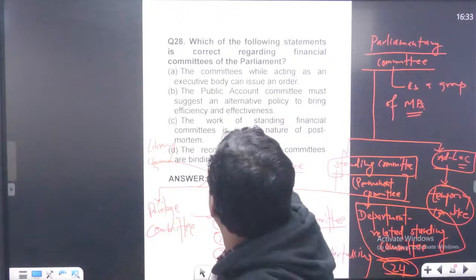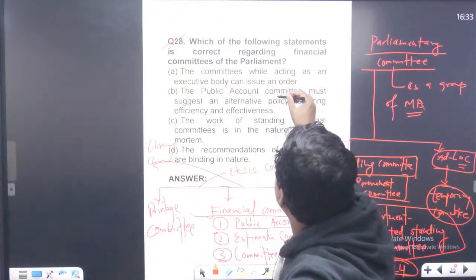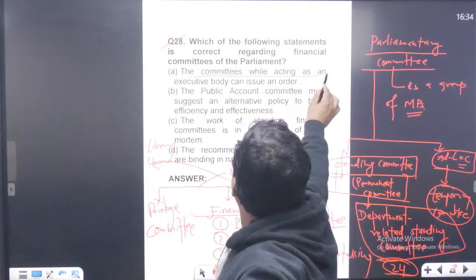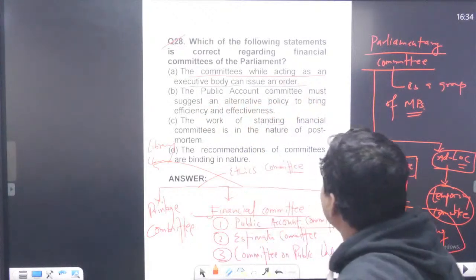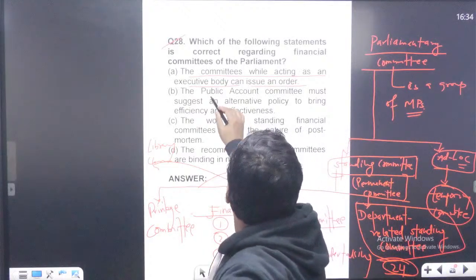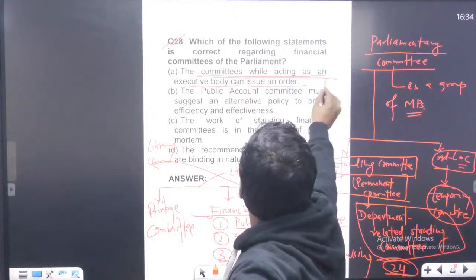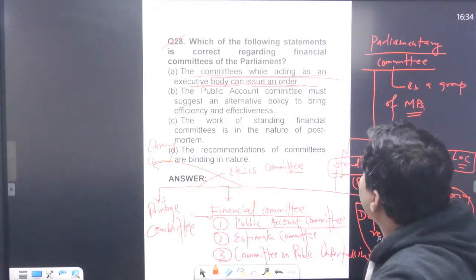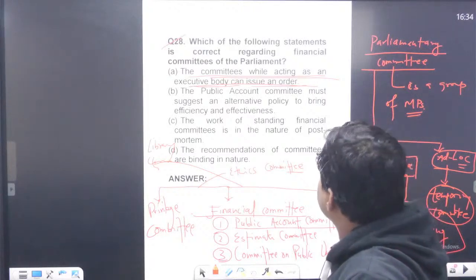Now look at the question: which of the following statements is correct regarding the Financial Committee of the Parliament? The committee, while acting as an executive body, can issue an order. Let me read all. The Public Accounts Committee must suggest an alternative policy to bring efficiency and effectiveness.